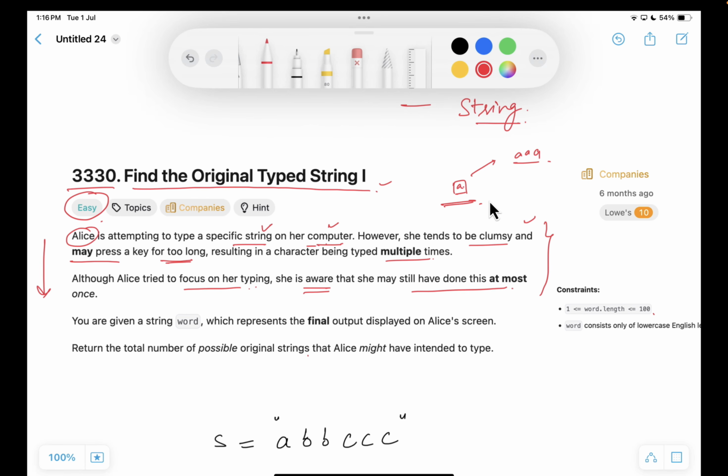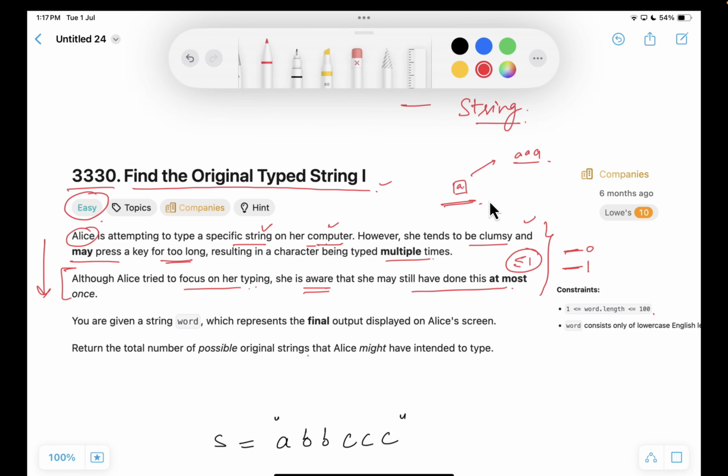It means the key got pressed multiple times and that character got entered multiple times. But she is trying her best, and she gives the guarantee that at most one time she has made the mistake. It means she has either not made the mistake, or she has made it only one time.